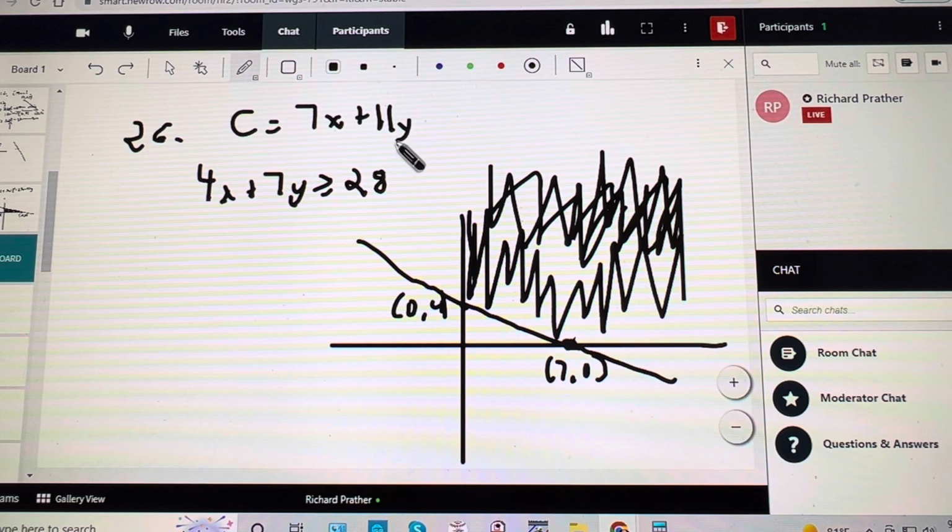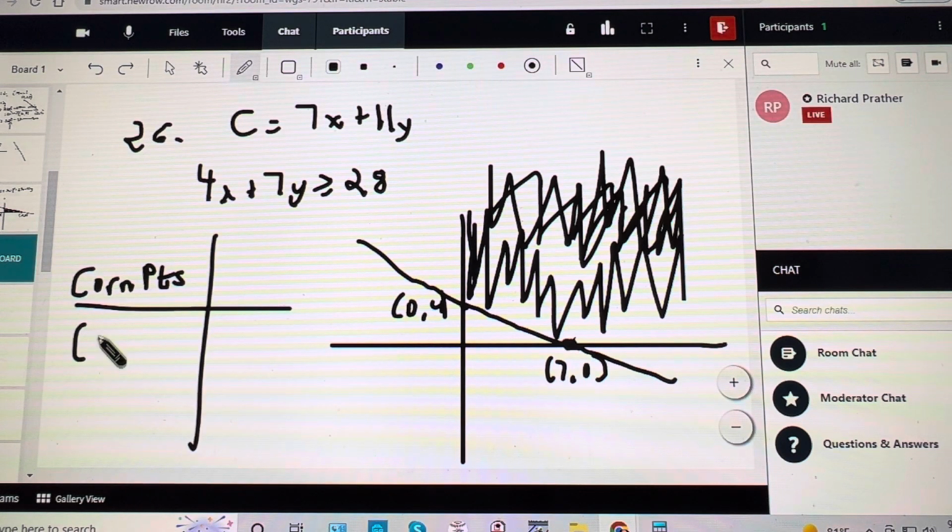So I just need to make a table with 2 corner points. Zero 4 or 7 0, whichever of these two comes out to the smallest answer is my minimum. And then maybe it's like how many daytime employees and how many nighttime employees should I hire to minimize my costs. So I'll just put C here.